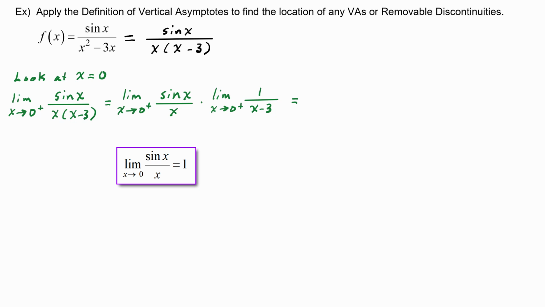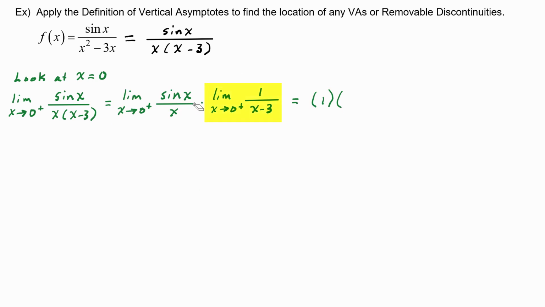Now, if that two-sided limit is equal to 1, then both of the one-sided limits are equal to 1. So therefore, the limit as x approaches 0 from the right of sine of x over x is also equal to 1. And the limit as x approaches 0 from the right of 1 over x minus 3 is just going to be negative 1/3.